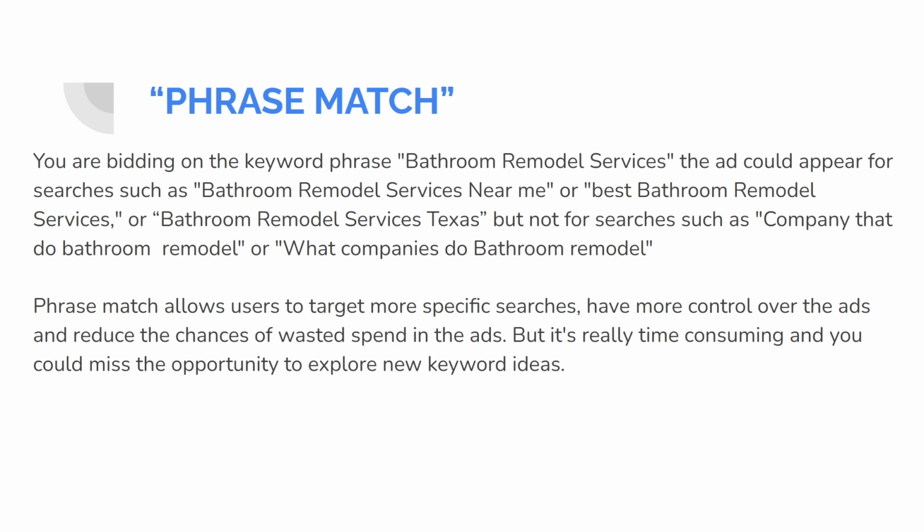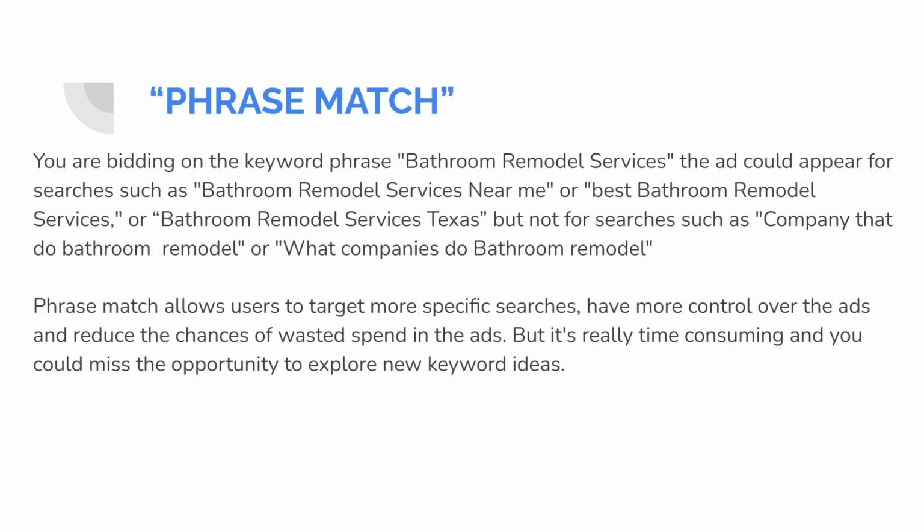But this is not going to trigger searches such as company that do bathroom remodel or what companies do bathroom remodel, because the intent might be the same but the phrase is not matching right over here. So phrase match allows users to target more specific searches, have more control over the ads, and reduce the chances of wasted ad spend in the ads.